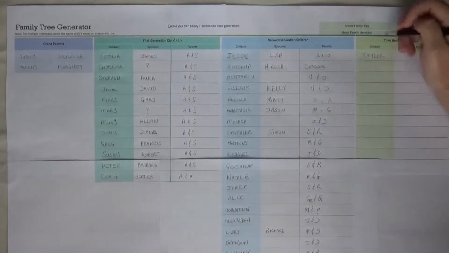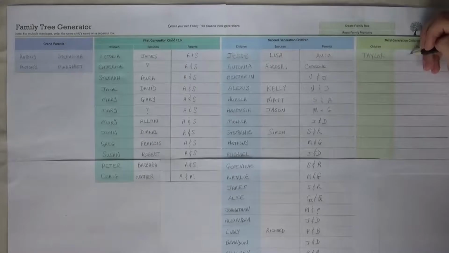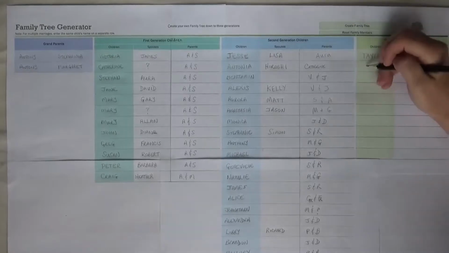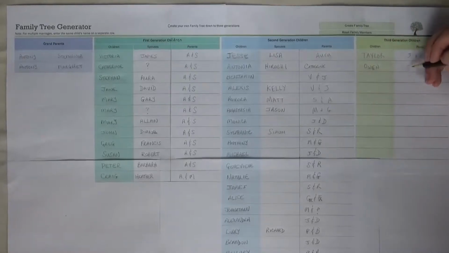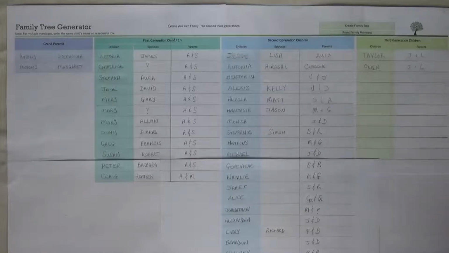T-A-Y-L-O-R. And she is Jessie and Lisa's. And then Owen, who's their son. Owen's their second child, and he's their son. And then next, Jaden.